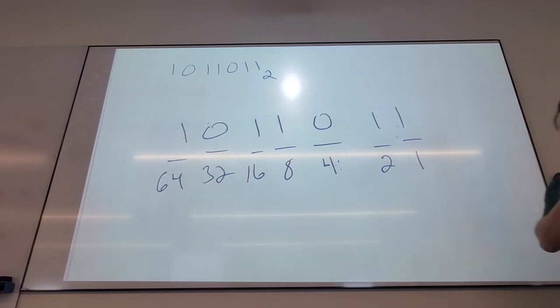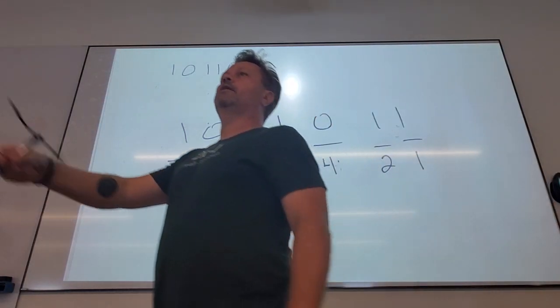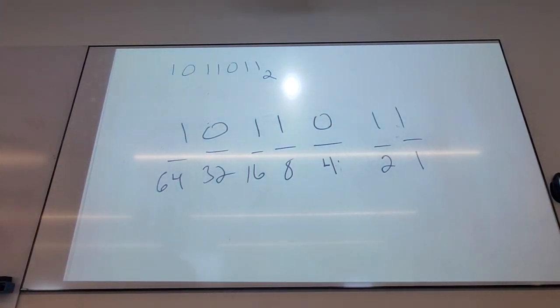I don't care what base I give you. How do you build the places? Start with 1, and just keep multiplying by the base. And then how do you put this back together? This kicks a lot of ass, because what's the biggest single digit in base 10? 9. Biggest single digit in base 3? 2. Biggest single digit in base 2? 1.